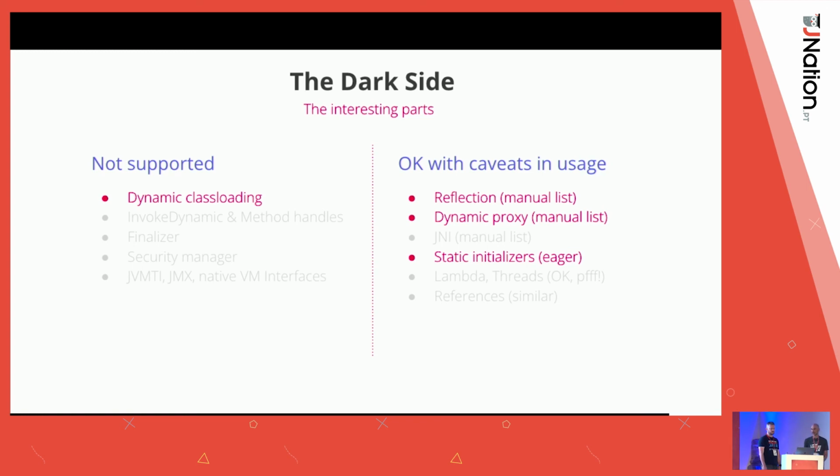The same is true of dynamic proxies. So at build time, we pick up the list of proxies that we know we are going to use at runtime, because we know your application, we know how Hibernate works, how REST reactive works. We can optimize this. And we also optimize static initializers, because we know some frameworks can be initialized at build time, and others need to have parts initialized at runtime.